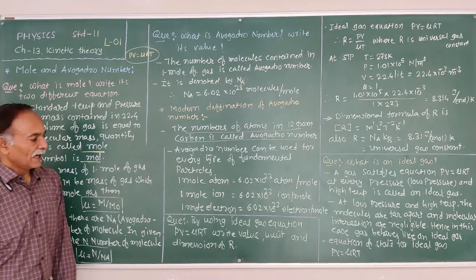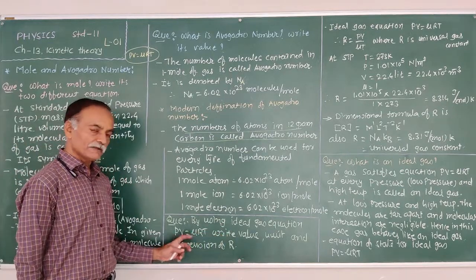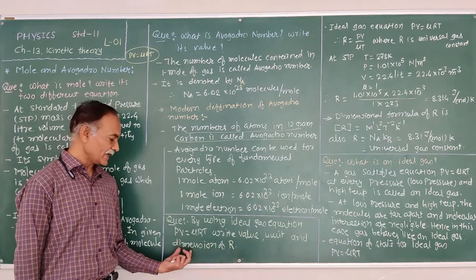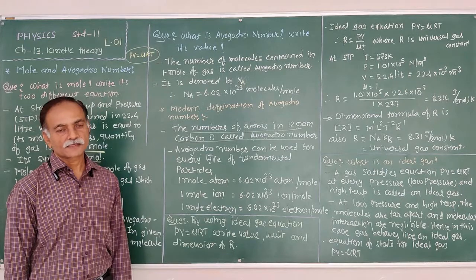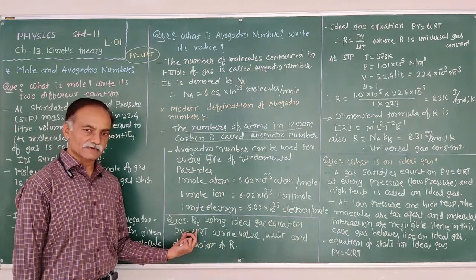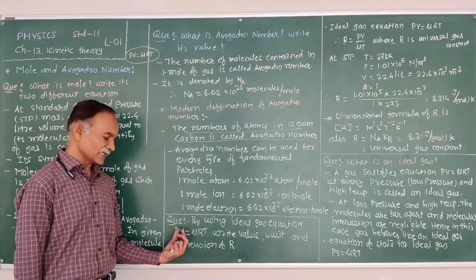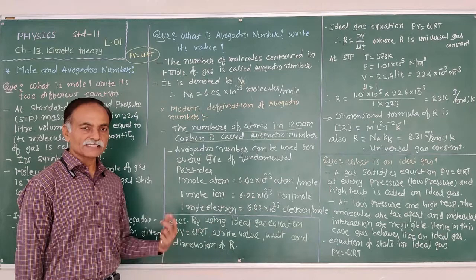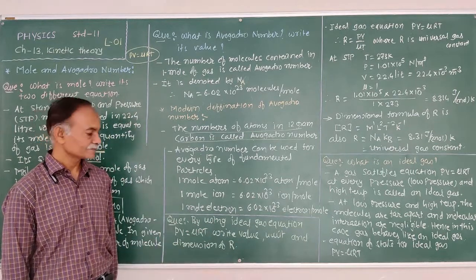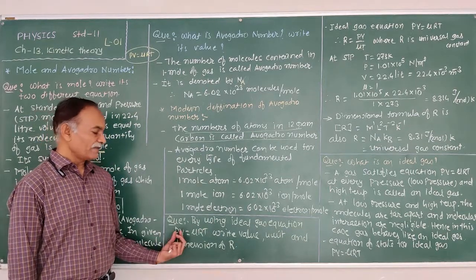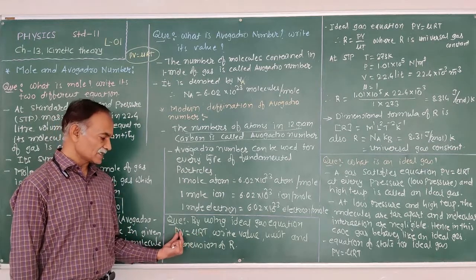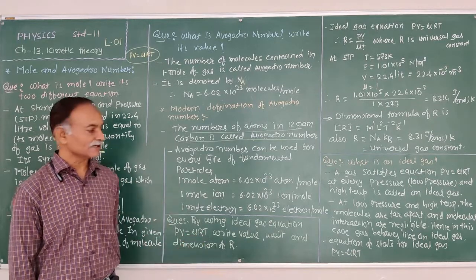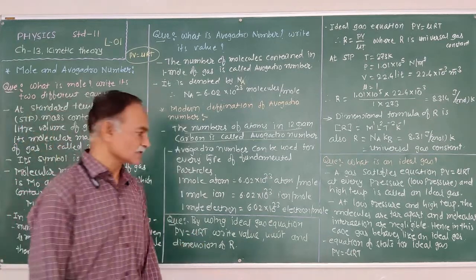Now, by using the ideal gas equation, PV is equal to mu RT, the equation of state, we find the value, unit and dimensional formula of the constant R. In PV equals mu RT, P is the pressure, V is the volume, T is the temperature, mu is the quantity of a gas, and R is the constant, known as the universal gas constant.